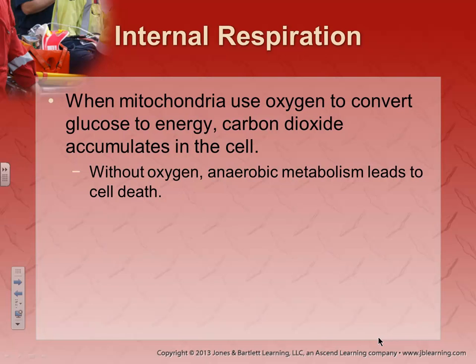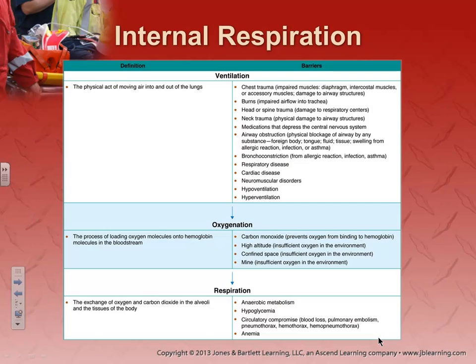So, under normal circumstances, the oxygen is going to convert the glucose to energy, carbon dioxide accumulates in the cells, and then the carbon dioxide further converts into carbonic acid, which is then transported through the blood, right? But without oxygen, the anaerobic metabolism leads to cell death because of the byproducts that it accumulates.